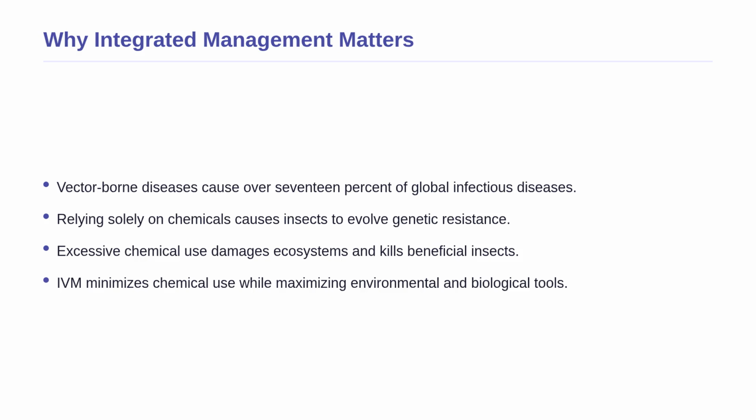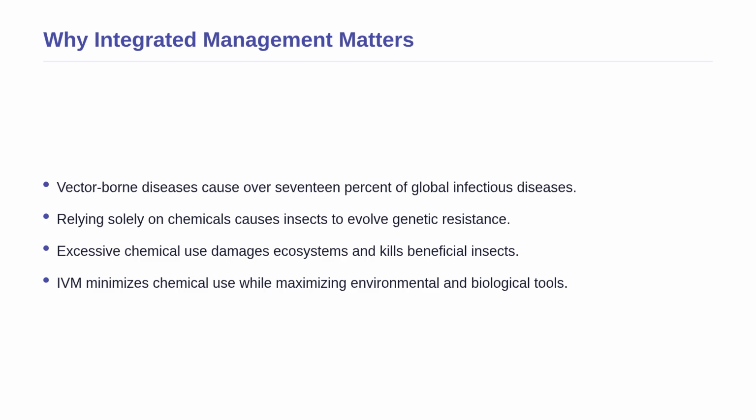You might be wondering, why go through the trouble of combining all these methods? Why not just spray chemicals everywhere? Understanding this is absolutely critical. Vector-borne diseases account for over 17% of all infectious diseases globally. If we relied solely on chemical insecticides, insects would rapidly evolve genetic resistance, creating dangerous supervectors that we cannot kill.